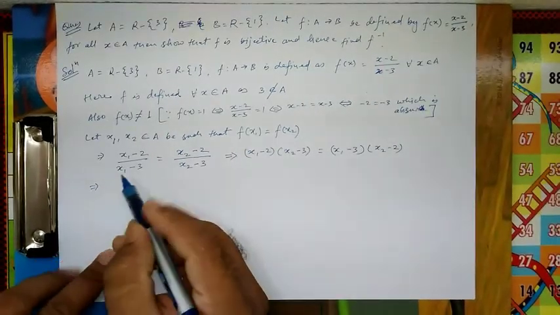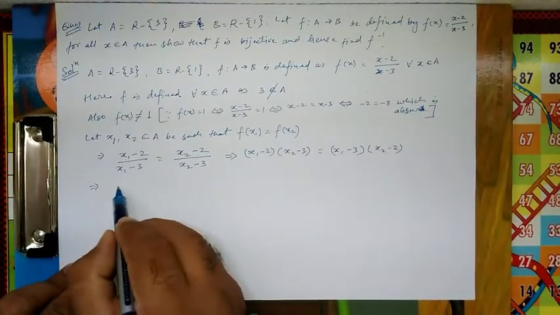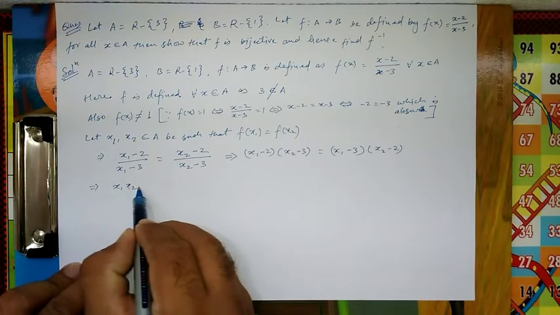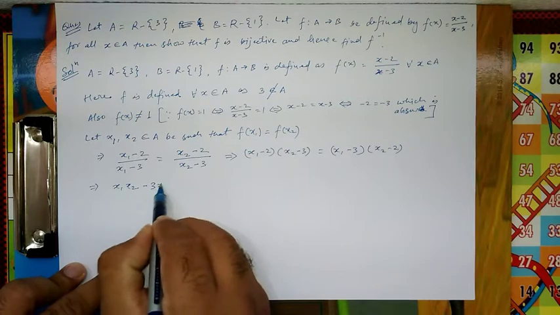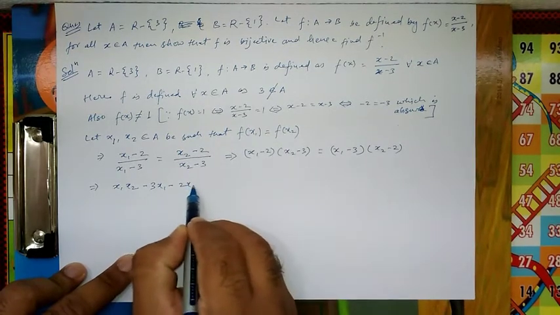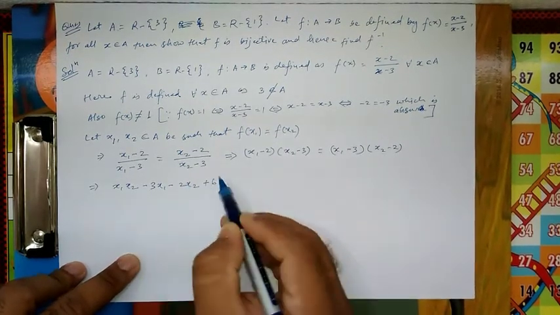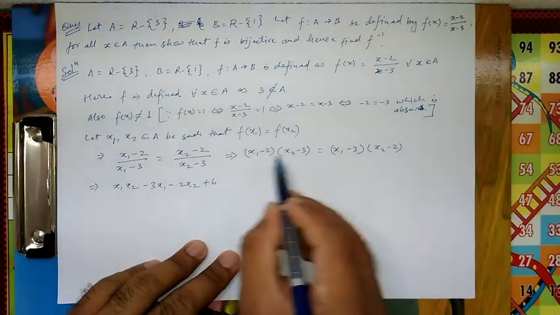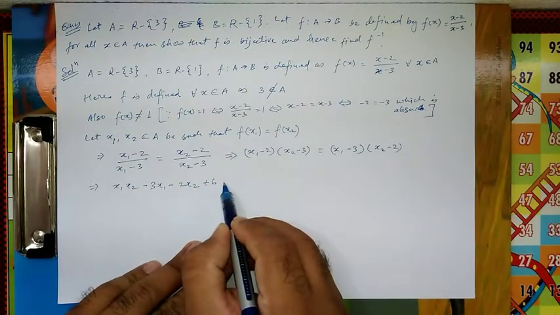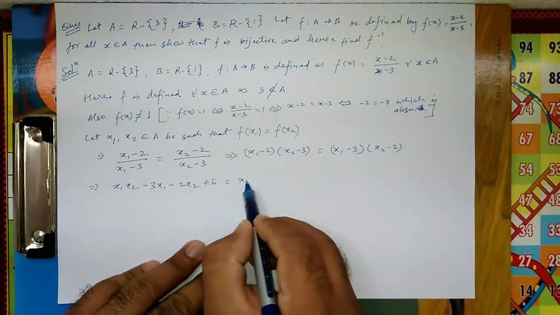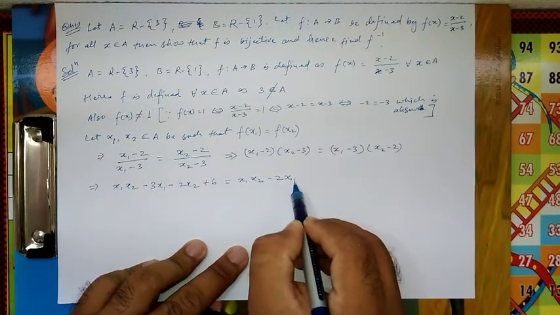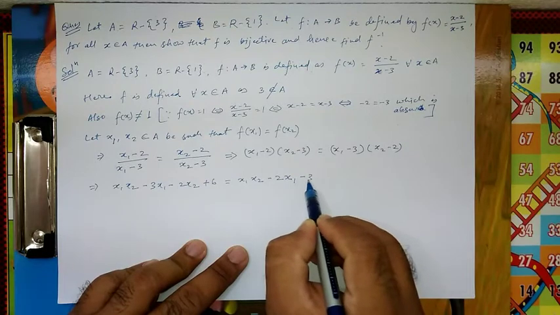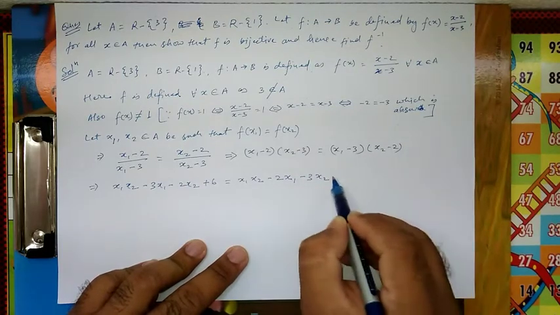That implies, if you open the brackets, we will get x1 x2 minus 3x1 minus 2x2 plus 6 equal to x1 x2 minus 2x1 minus 3x2 plus 6.